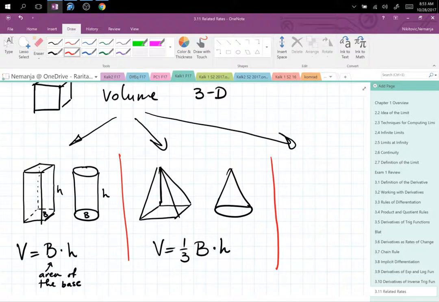The only object that doesn't fit in any of these categories is going to be the perfect object. And the perfect object is? Yes. Sphere.